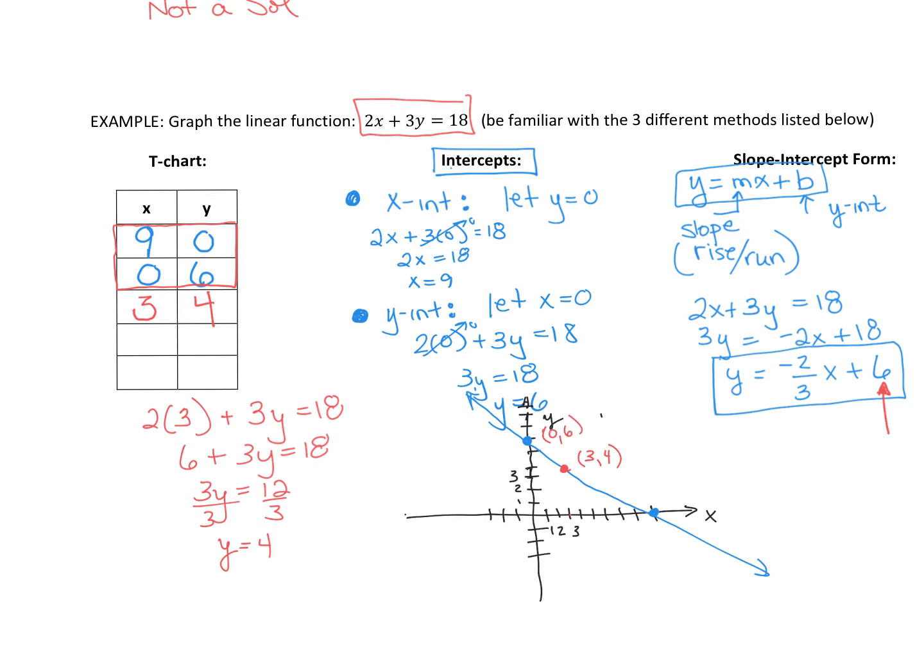If I go down 2 and over 3, I'll be back on the line. You can see that that will put me at the 3, 4. Down 2 over 3. And I can keep going down 2 over 3, down 2 over 3, and we keep getting points that are on the line. So that's an additional way to graph a linear equation.